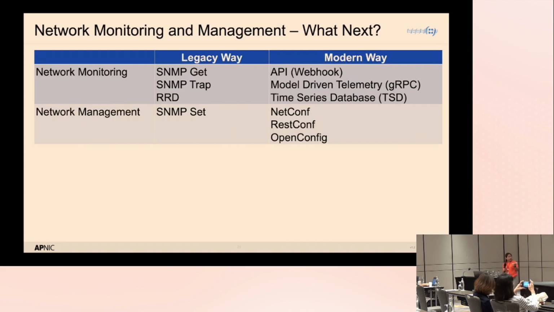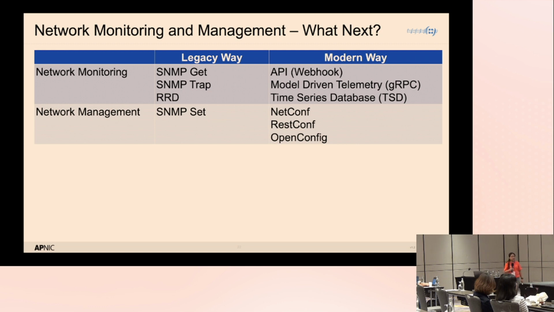All right, so what next? What we're going to focus on for today is these two. So as I said earlier, SNMP has been a known means of doing network monitoring and management. We use SNMP get and SNMP trap for network monitoring and SNMP set for network management.